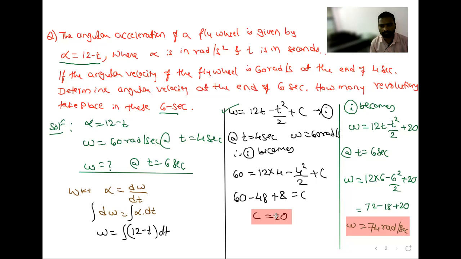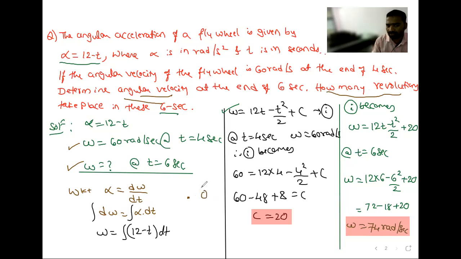Yes, completed. Can I proceed? Okay. So he is asking omega at the end of 6 seconds, which we have determined. Next, determining angular velocity is done. Then how many revolutions have taken place? You know that this is angular motion.